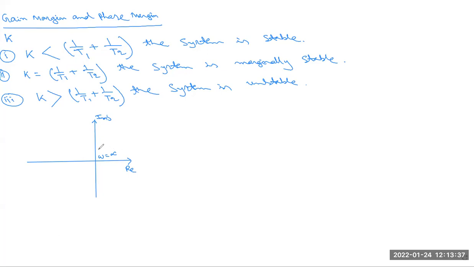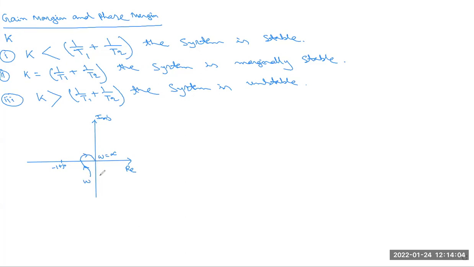In that case the point is 1 plus j0, and when the system is stable, the direction is clockwise.